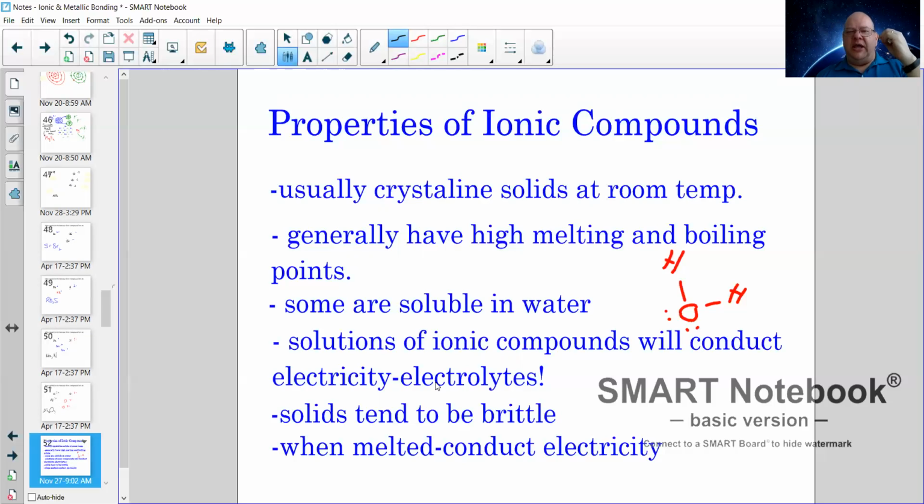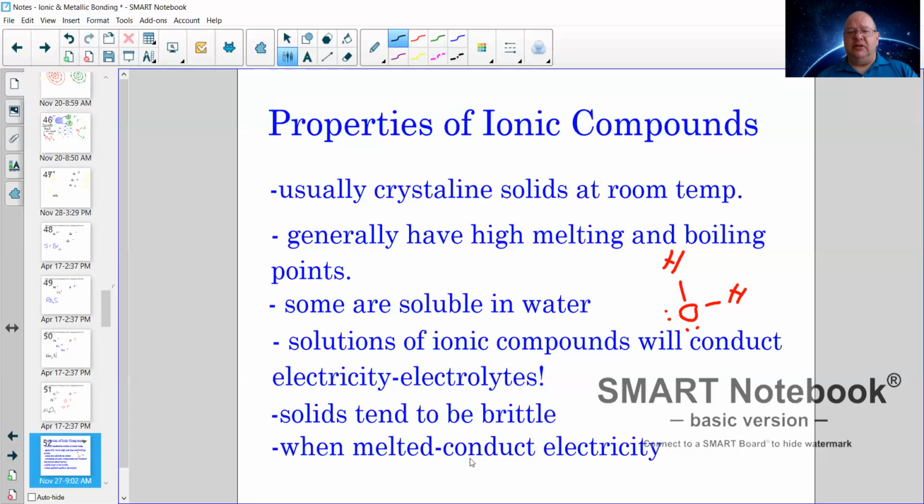So in a solid state, ionic compounds do not conduct. But if they're dissolved in water where the charges can move, it will conduct. Or if you melt an ionic compound into a liquid, now the charges can move, it will conduct. So molten sodium chloride will conduct electricity. Solid sodium chloride, no.